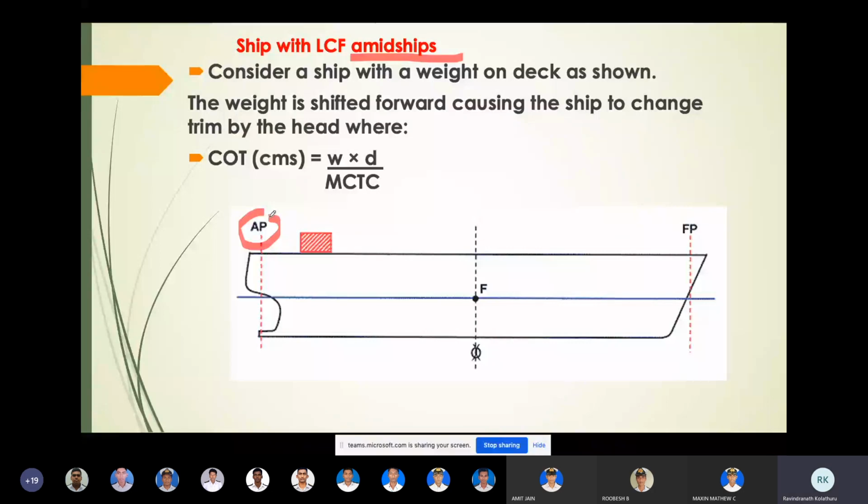This is your aft perpendicular, this is your forward perpendicular, and this is your midship. My LCF position, the F position, is also at midship only. Now for change of trim, we already saw the formula, which is W into T by MCTC. Now what we have to do is, we have taken a weight over here, and we will be shifting it forward.